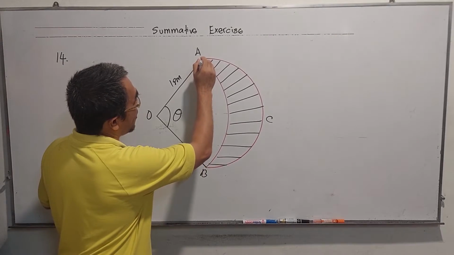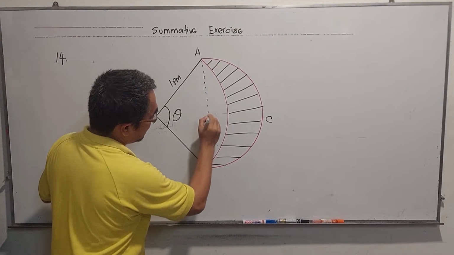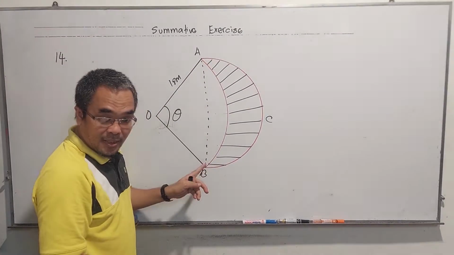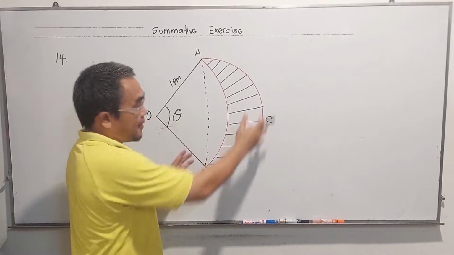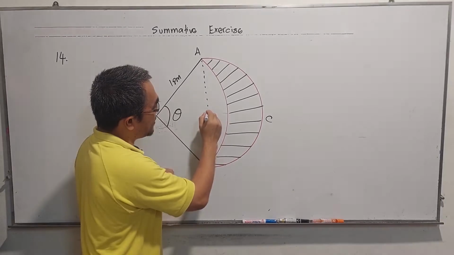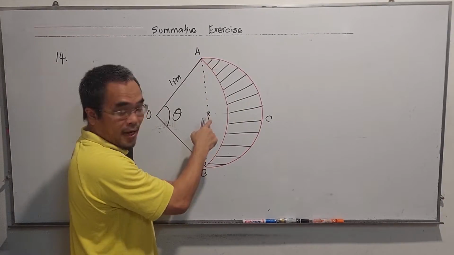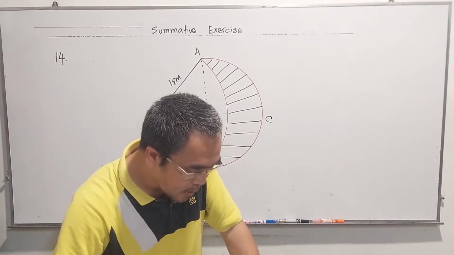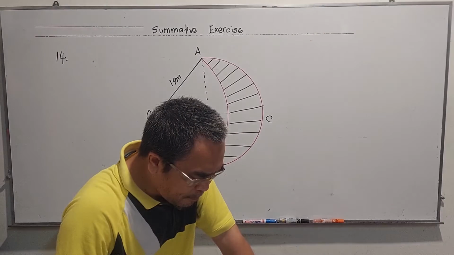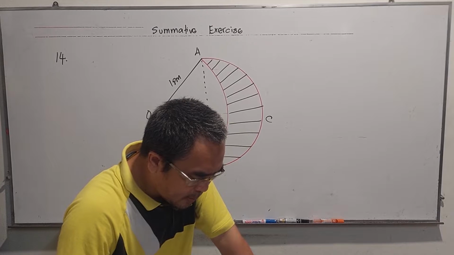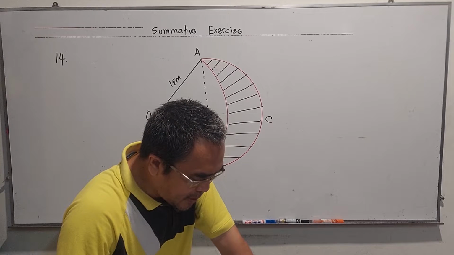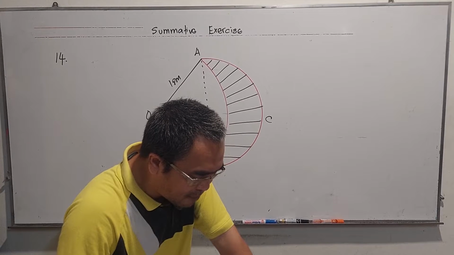So if I were to draw a straight line, that would be the diameter of the part here. So the center of this ACB will be somewhere here. The sector AOB of the garden is covered with grass while creepers are planted in the shaded region ACB.